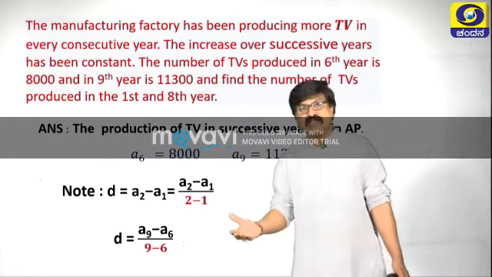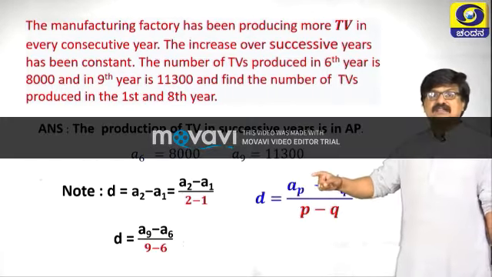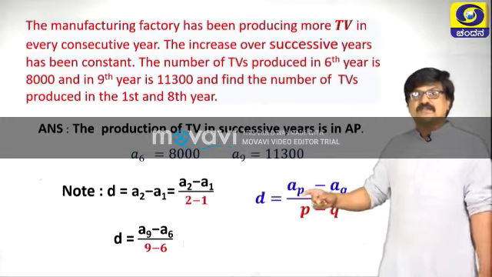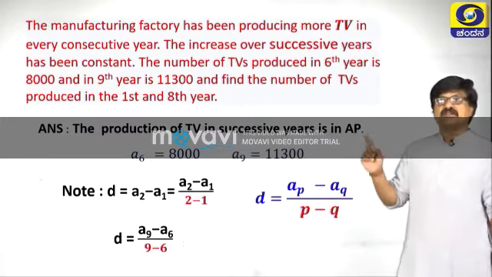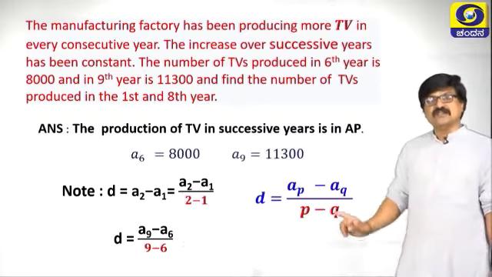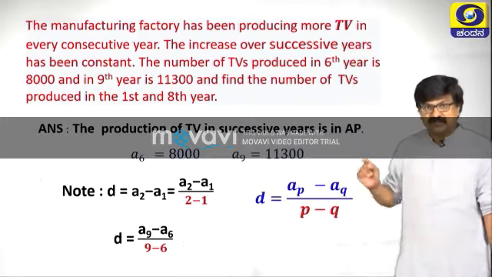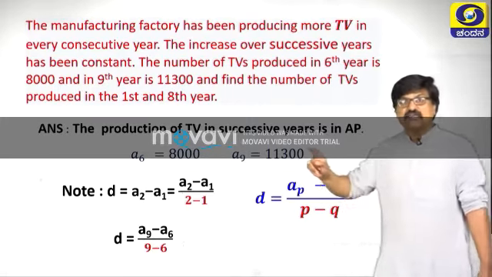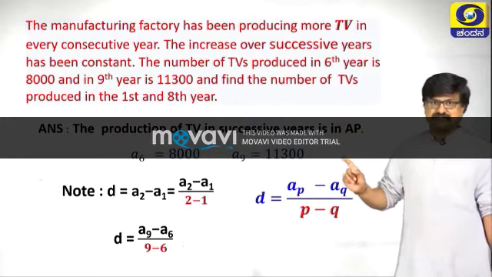In the same way we can write in general D equals AP minus AQ by P minus Q, if AP and AQ are any two terms of a given AP. So, my dear students, we can use this formula for finding D if any two terms of AP are given.